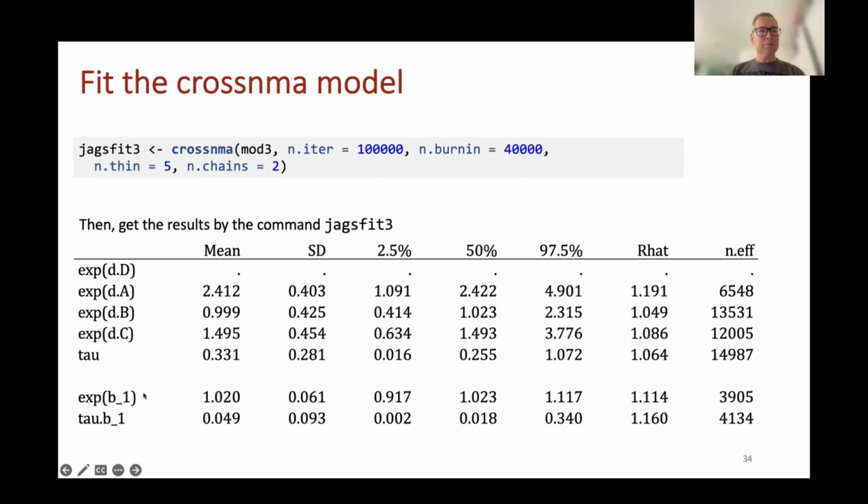And this here is because we did a network meta-regression. This is the age effect that we get in our model with the corresponding variance estimator for this covariate.